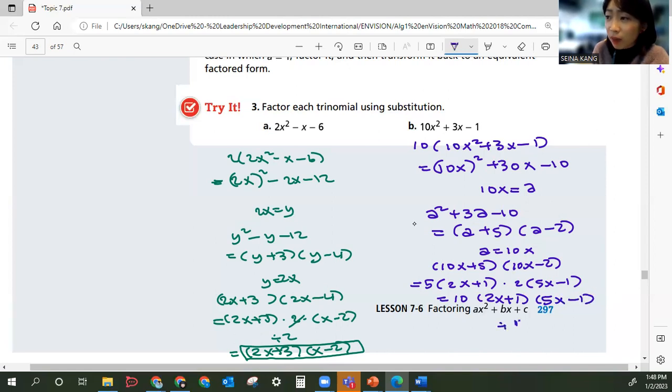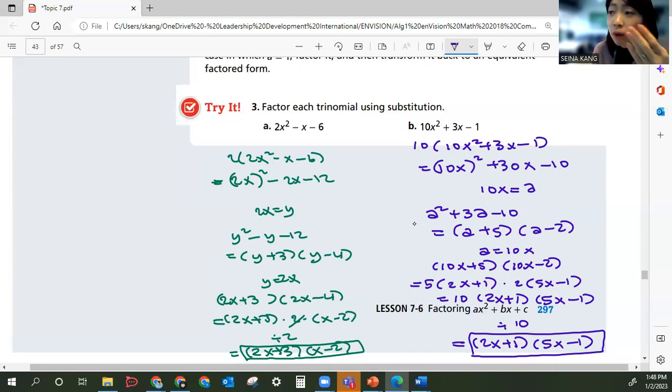And then if you divide it by 10, the factors you're left with are 2x plus 1 and 5x minus 1. What if you got 5x minus 1 and 2x plus 1? They're the same thing.